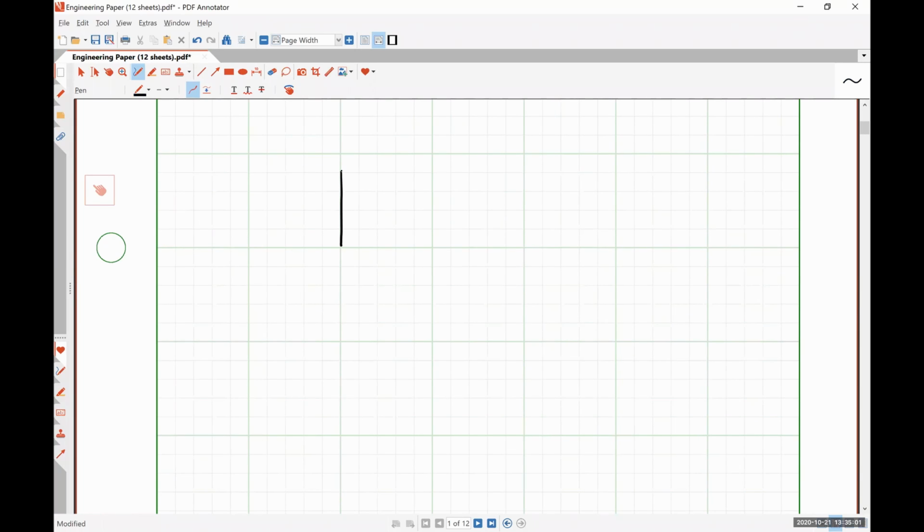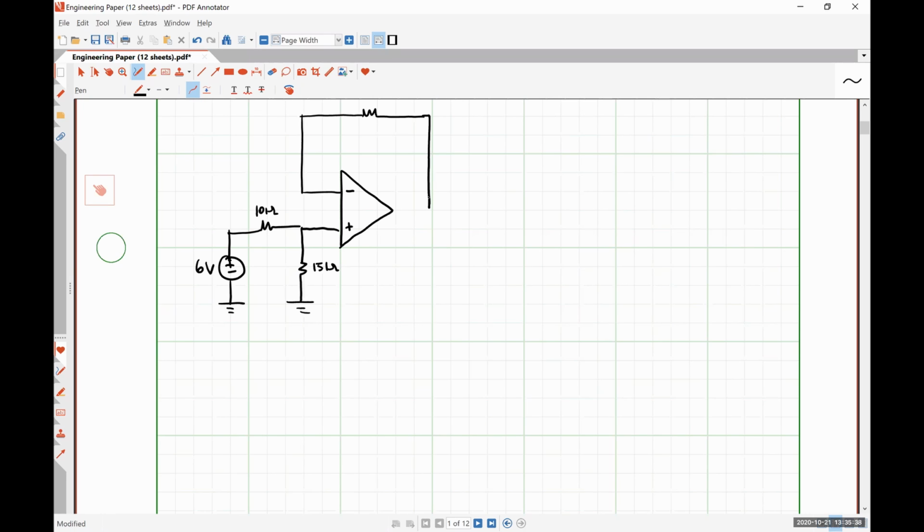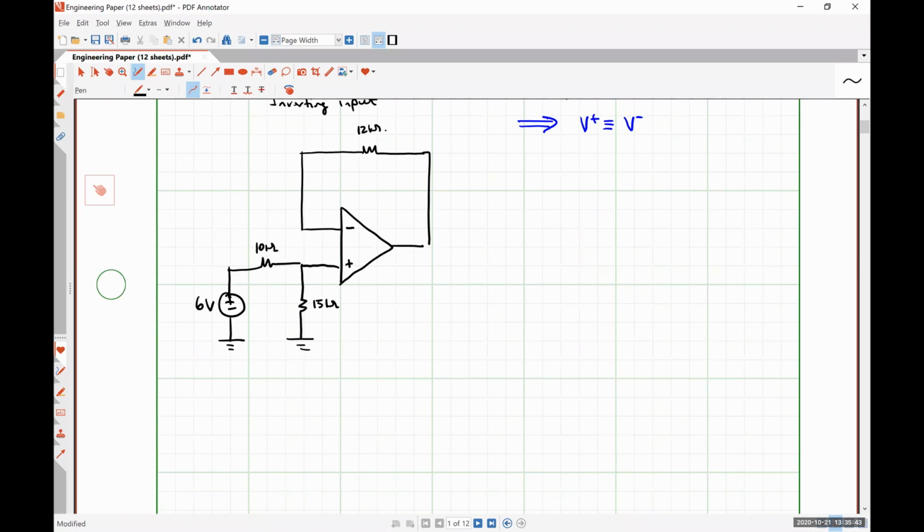So let's say that we have the following circuit. Excuse me, so this is our first circuit of interest.